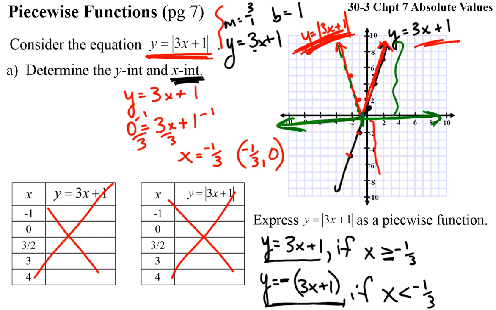And we can't have the equal to on both of these. We always put it with the normal graph, essentially. So there's the piecewise for this. We get our absolute graph. The normal part occurs from negative 1/3 and up. The absolute part of the graph occurs from negative 1/3 down.